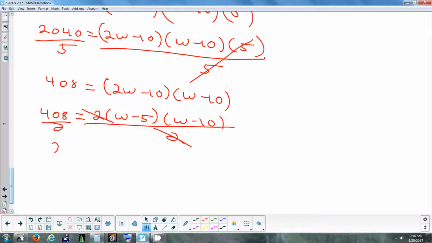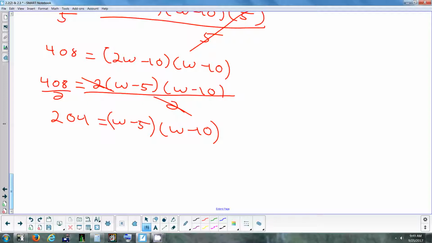And that's going to give me 204 equals W minus 5 times W minus 10. Okay, next step, we would FOIL out what's on the right. W times W gives me W squared.